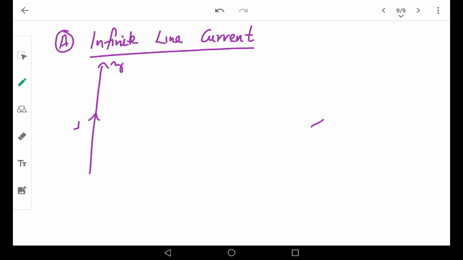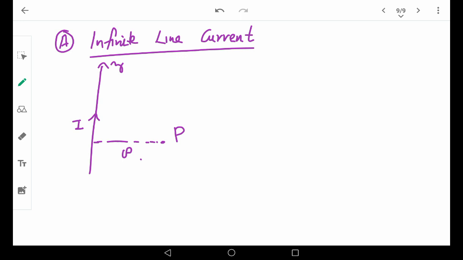It's going to infinity. So we have a point here, P. We draw a perpendicular line with the length rho. According to the Ampere's circuital law, we can find out the relation.